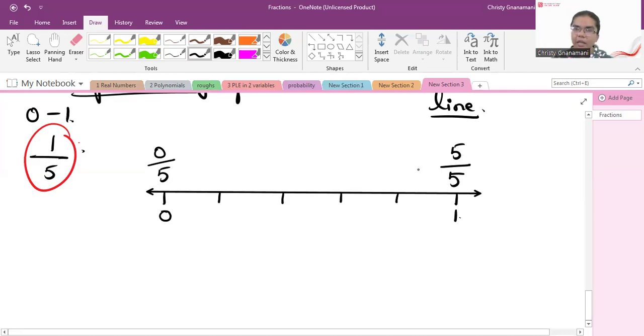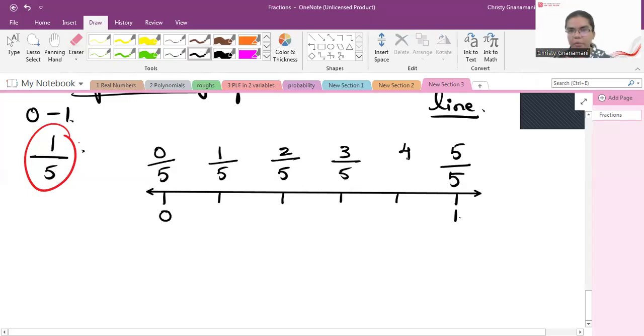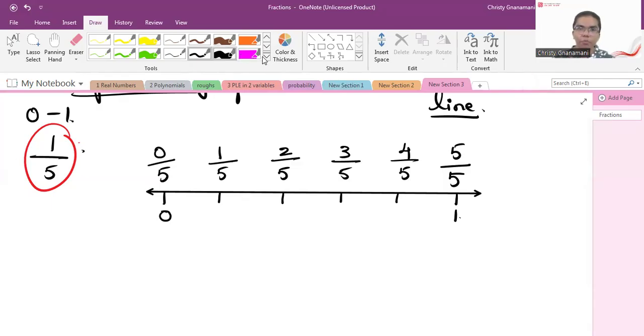Then what will be the other fractions in between 0 and 5/5? The first one would be 1/5. The second one would be 2/5. The third one, sorry, 3/5. And the fourth one would be 4/5. Yes. So then you are representing 1/5.